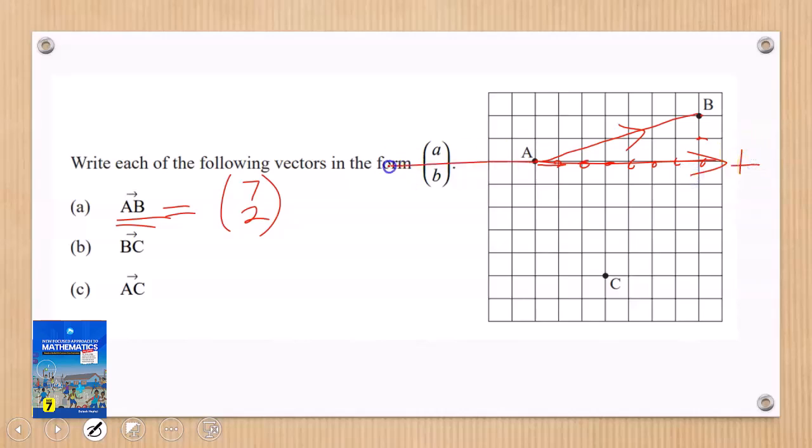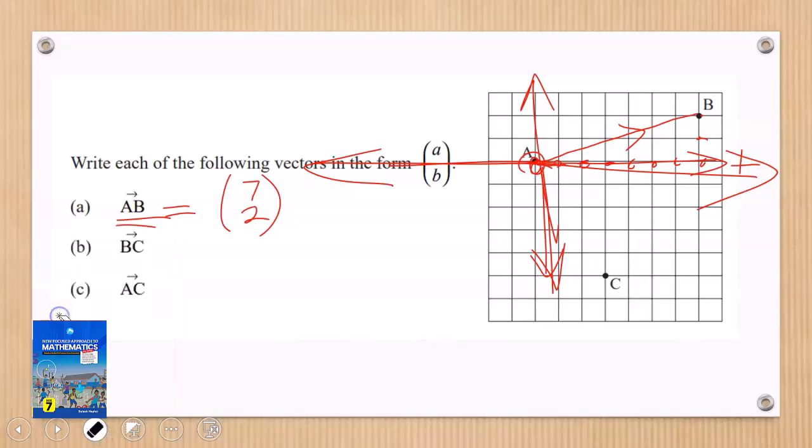If I'd gone back, I would have made it negative. And if I go down, I'll make it negative. So on the y-axis, if you go down, it's negative. If you go up, it's positive. On the x-axis, if this is your origin, the moment you go this direction, you are going negative, and when you go this direction, you are going positive. Right. So that is the answer.